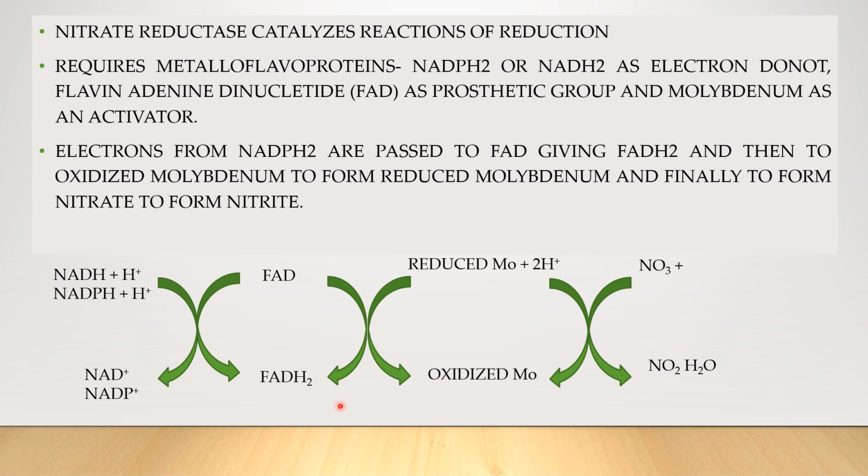FAD is reduced, and then the reduced molybdenum gets oxidized and protons are released during this process, and the nitrate is converted to nitrite. So this is how the sequence of reactions takes place, and finally ammonia is produced.